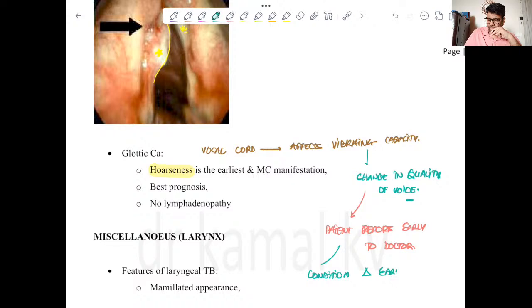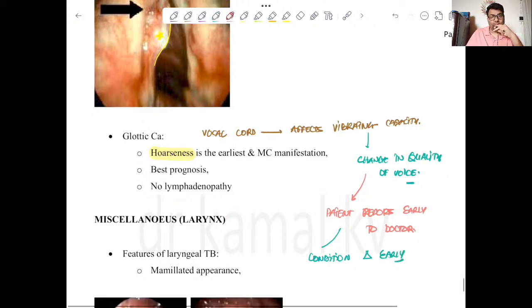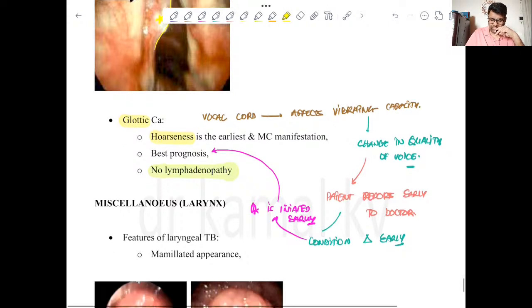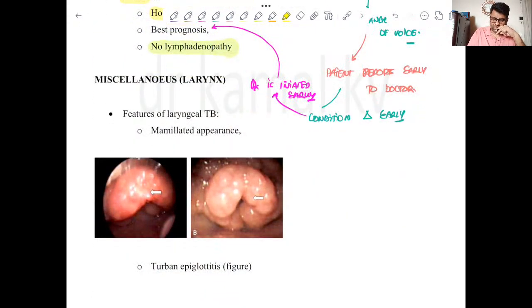And for tumors, if you diagnose a tumor early, obviously the prognosis is good because treatment is initiated early. And this fact, along with no lymphadenopathy, adds to the best prognosis for glottic carcinoma, right? So supraglottic and glottic.